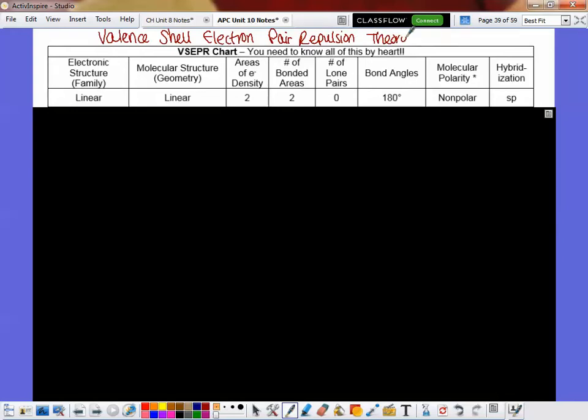So it's called the VSEPR theory. It's all about how these electron pairs arrange themselves around the central atom to minimize repulsions.